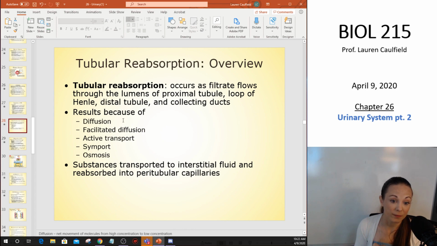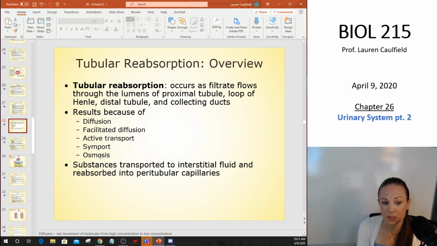Active transport, remember active transport, active because it requires ATP, you need energy. Typically this is associated with moving things against a concentration gradient. Symport, so we're moving two things at once. So for example, and we saw this with the digestive system, when we're moving glucose, a lot of times we also move sodium at the same time.